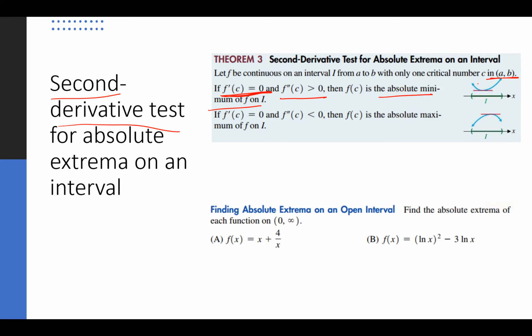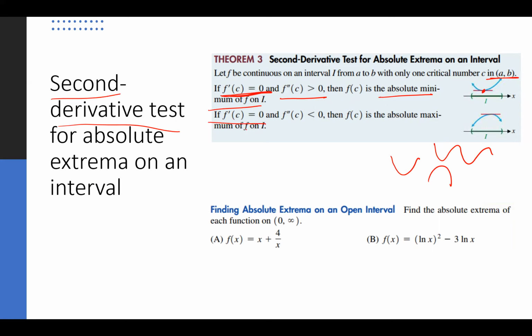And there is only one critical number in this range. This is the condition we need to enforce, because it makes the function strictly convex or concave, right? So it's not like something like this. It can only be like this or like this. So this is called strictly convex or concave.